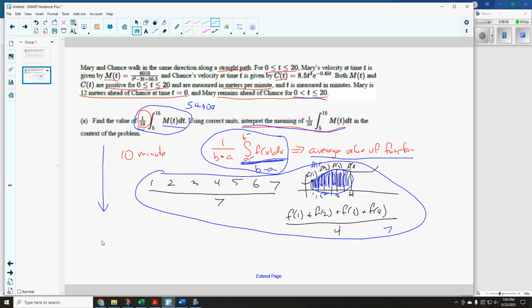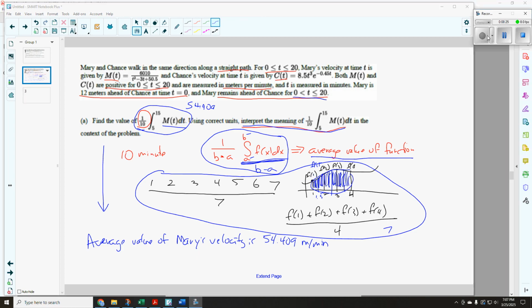So I would say the average value of Mary's velocity is 54.409 meters per minute. Don't forget the units. They'll dock you if you don't put the right units.